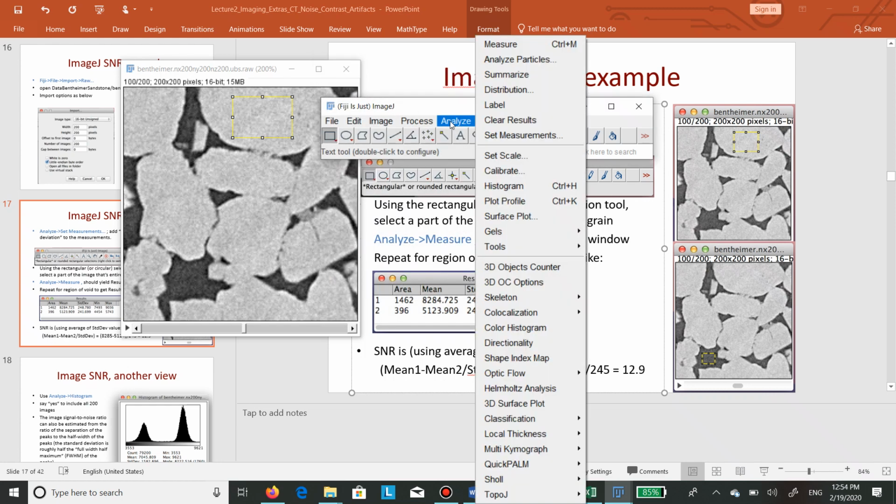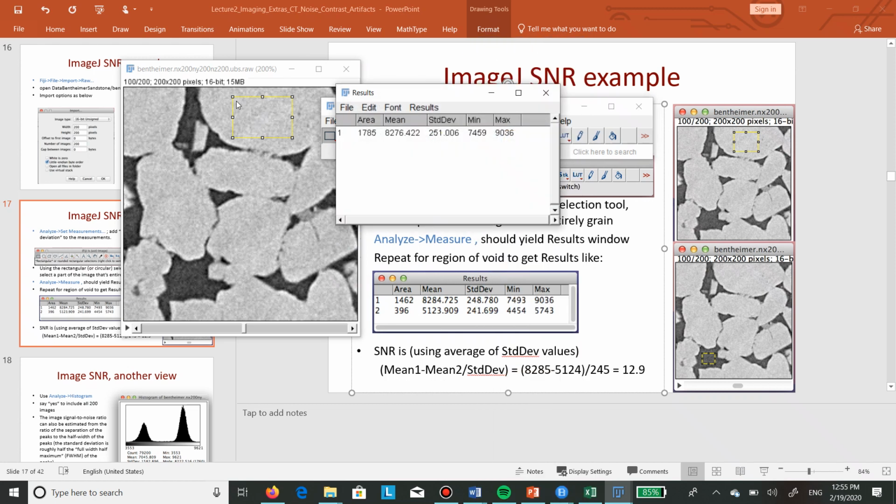Now I'm going to do Measure, and it gives me the measurements for that. In this area, this is how many pixels I have. This is the mean value within, standard deviation, minimum and maximum.